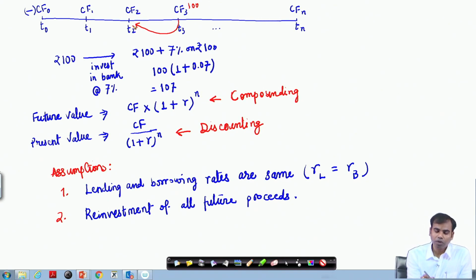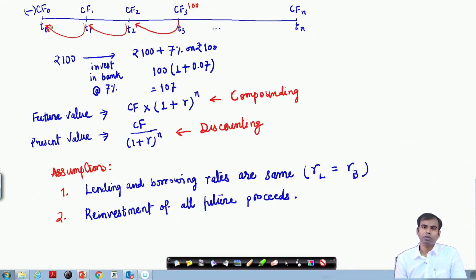So, that when you try to calculate the present value of future cash flows, you are actually bringing all future cash flows to present time with the interest income that is being generated for that period at the rate of r. So, basically these are two major assumptions based on which the methods or the tools and techniques of present value calculation are formulated.